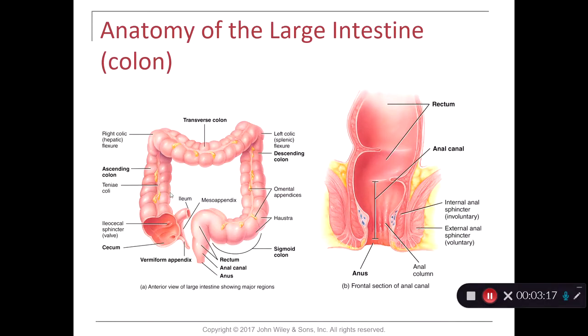So let's go ahead and follow the food. We got ourselves into the ileum, which is the last portion of the small intestine, through the ileocecal sphincter, which releases that chyme into the cecum. The large intestine will then propel it up the ascending colon, past the right colic, aka hepatic flexure, across the transverse colon, down the descending colon, through the sigmoid colon, and into the rectum.